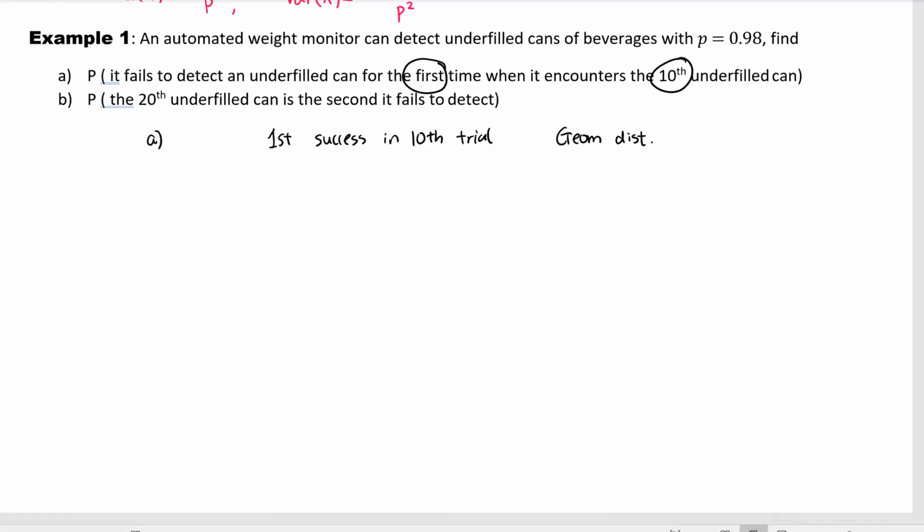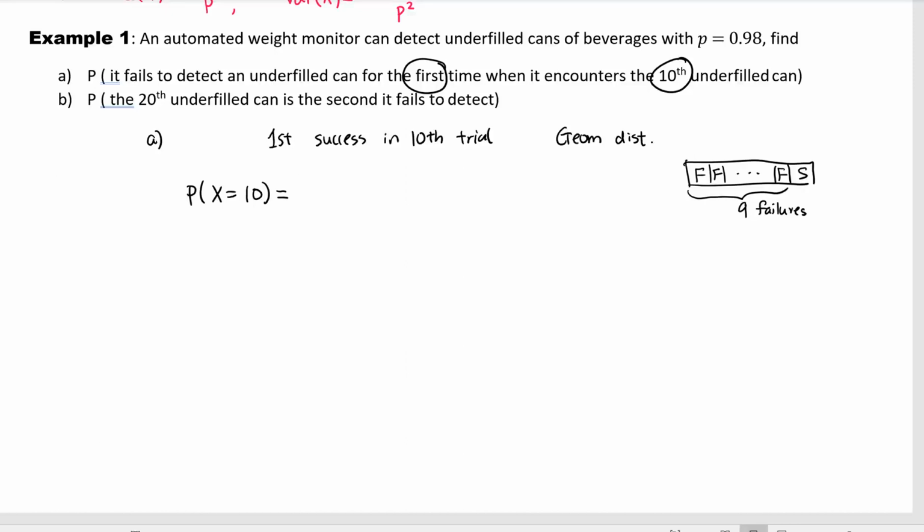So the probability that X equals 10: remember, the last one is a success, so the previous ones are failures. There are 10 boxes, and 9 of them are failures, and then the last one is a success. What's the probability of success?